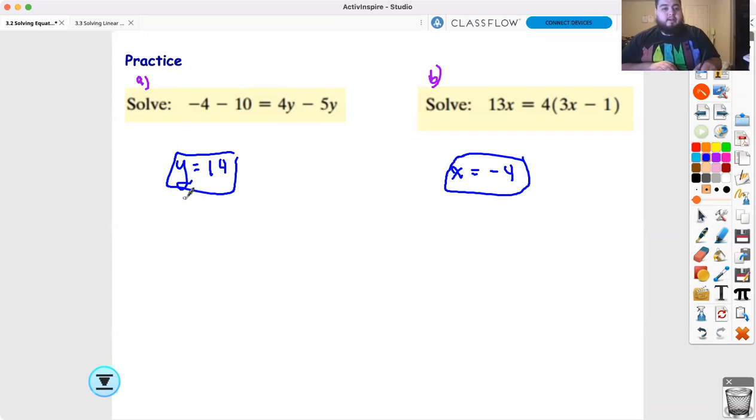Anyone agree or disagree with the 14 or -4? No one agrees or disagrees with these two guys?